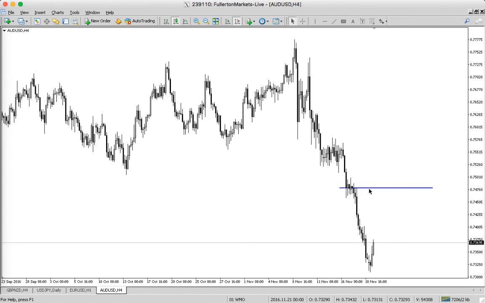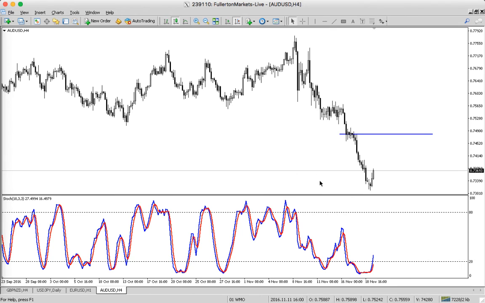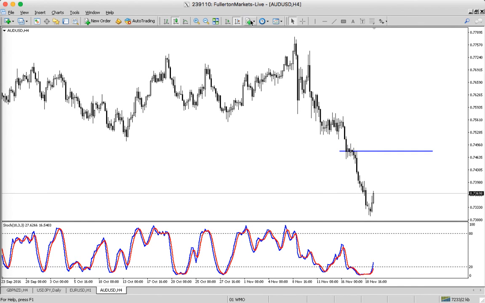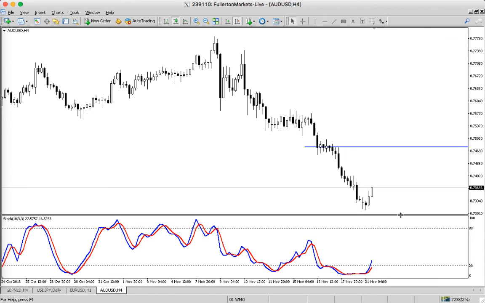So one way is to rely on an indicator to tell us when is a good time to take a short. One of my most commonly used indicators is actually the stochastic. Of course, if you are using other oscillators, you can apply the same theory as well, because the way you use oscillators to help you in your trade has some similarity.